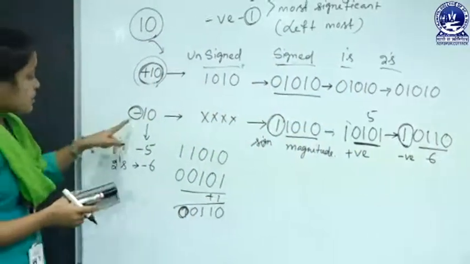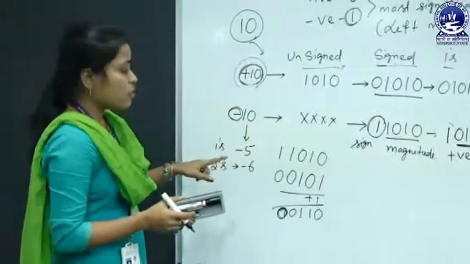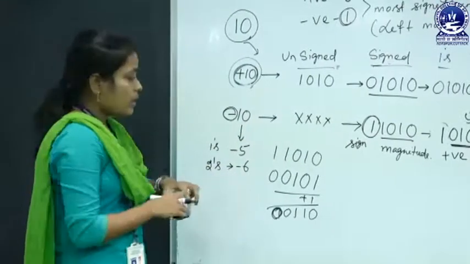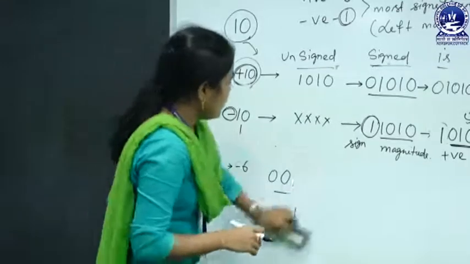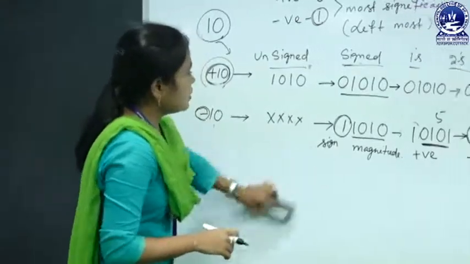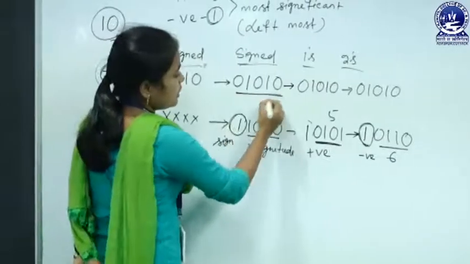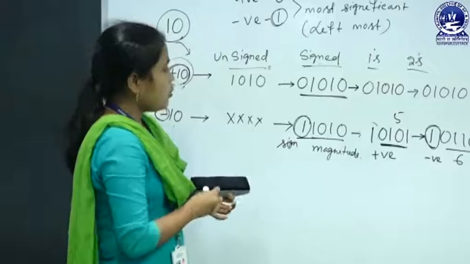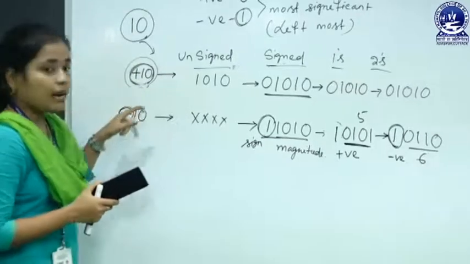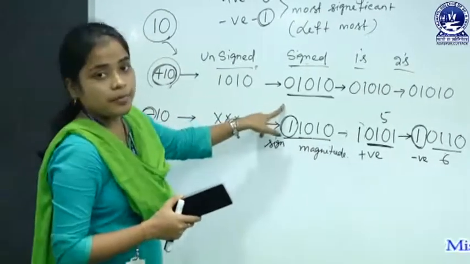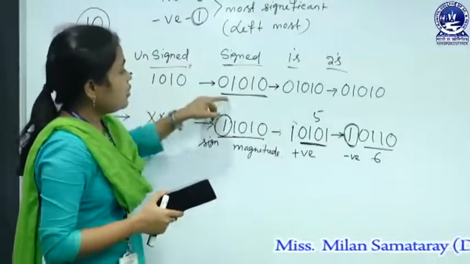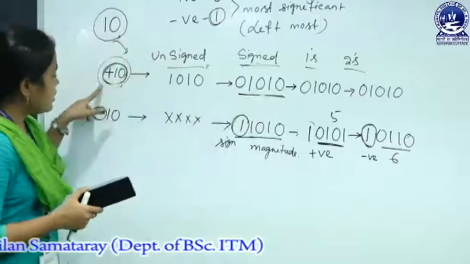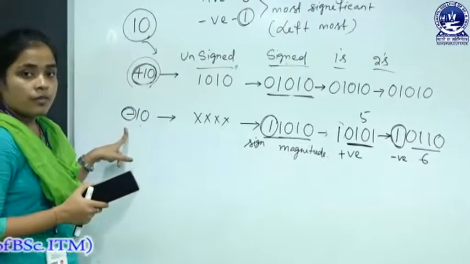So for minus 10, the 2's complement is minus 6. Okay. So you can see that the number of bits required to represent a number in both positive and negative value are the same. Here for 10 we need 5 bits to represent both the positive and negative value.